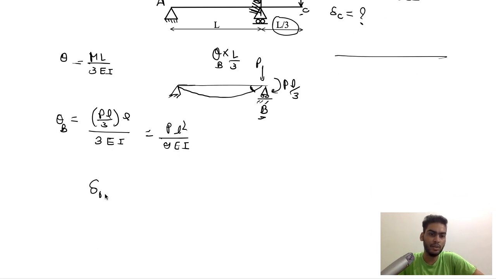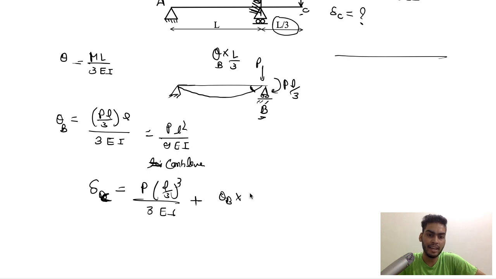So we can write the total deflection of point, this is point C not B, point C as P times L by 3 whole cube upon 3EI, that is assuming this L by 3 length cantilever, plus theta B times L by 3. So theta B we have obtained as PL square upon 9EI, times L by 3.